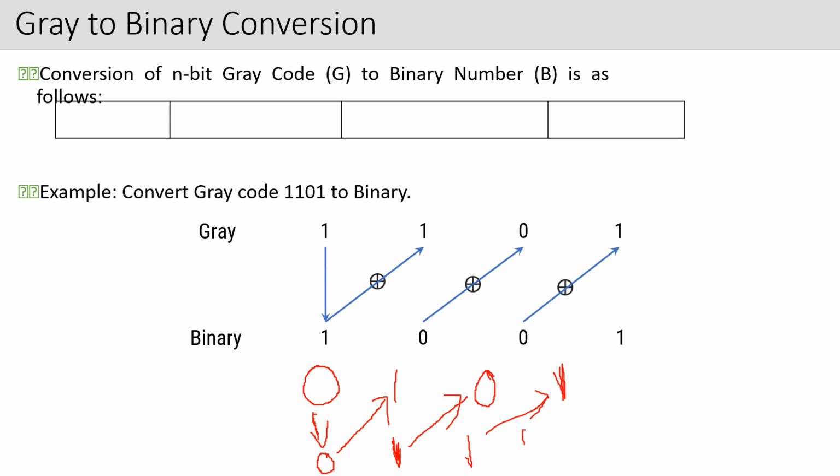And 1 1 it is 0 here because it is XOR gate I'm talking about. So this gray code 0 1 0 1 can be written in binary as 0 1 1 0. You can verify it. You convert this binary now to gray, and if you find it to be 0 1 0 1, then your answer is correct. Otherwise, not.